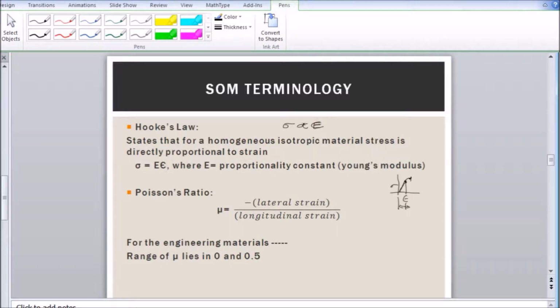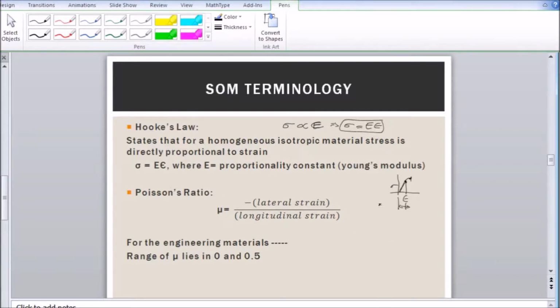When I convert this proportional symbol to equal to, then the proportionality constant should be included: sigma equals E into epsilon. This E is called the proportionality constant, which is called Young's modulus, and epsilon is strain, sigma is stress. Next one is Poisson's ratio.